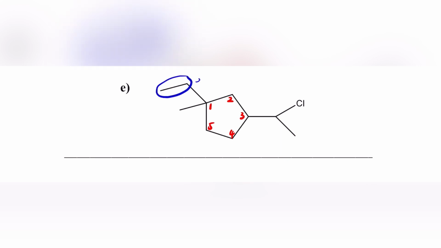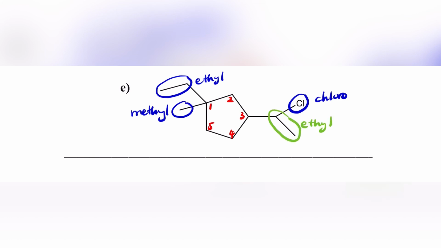Here is what we call as ethyl, here is methyl, and then kita lihat dekat sini very special, di mana what you have adalah chloro. Tapi chloro ni attach kepada carbon chain yang ada 2. So 2 carbon chain kita panggil dia sebagai ethyl. So this one adalah ethyl. And then kalau kita berikan nombor, chloro berada dekat carbon 1 of ethyl.